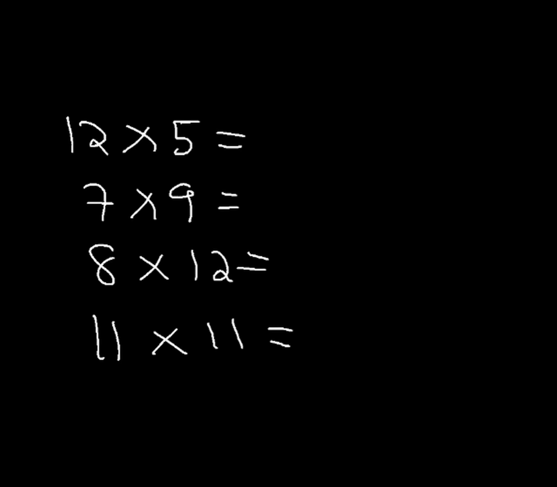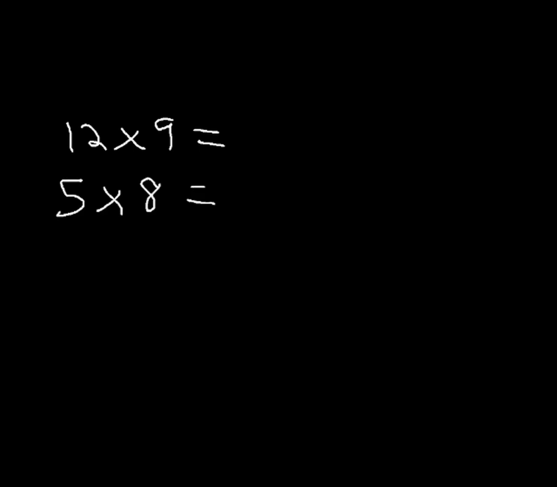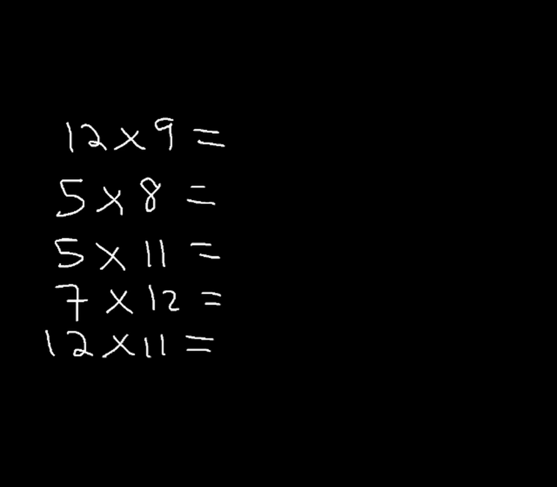So 12 times 5, that is equal to 60. 7 times 9 is 63. 8 times 12 is 96. And 11 times 11 is 121. Okay, let's try a few more problems. So what's 12 times 9? 5 times 8? 5 times 11? 7 times 12? 12 times 11, and finally 9 times 8.